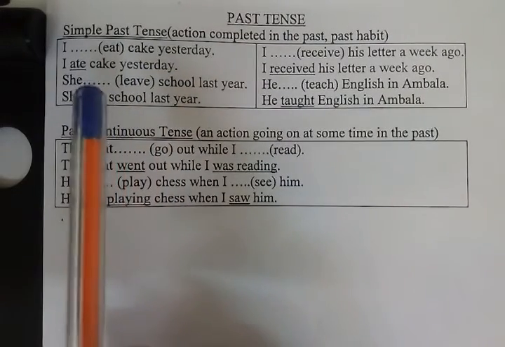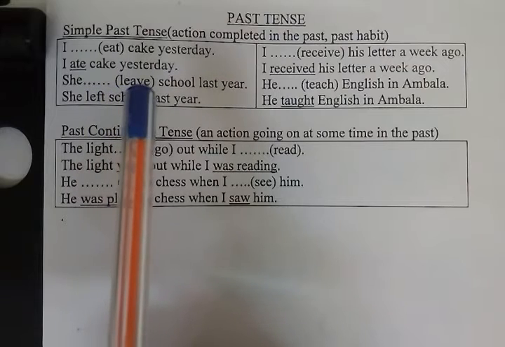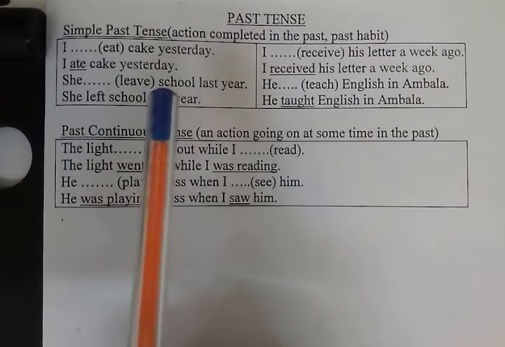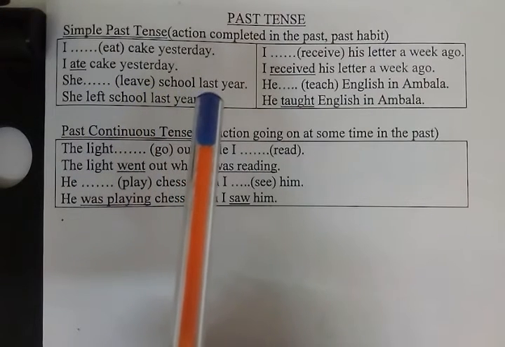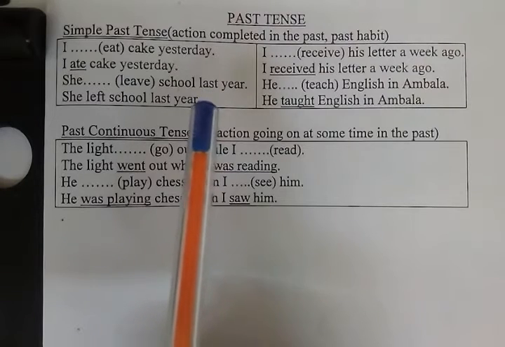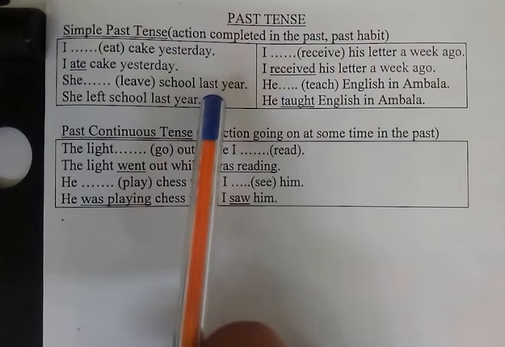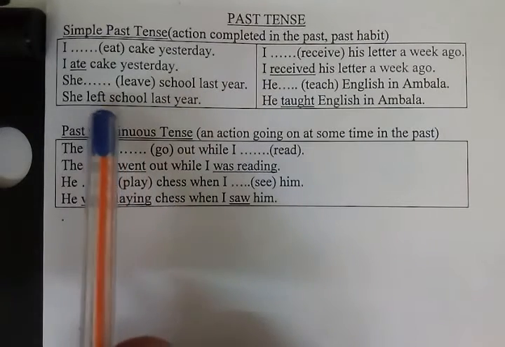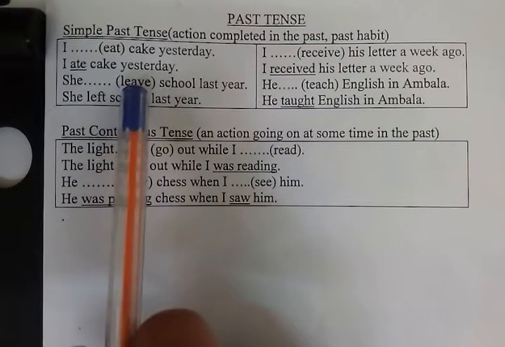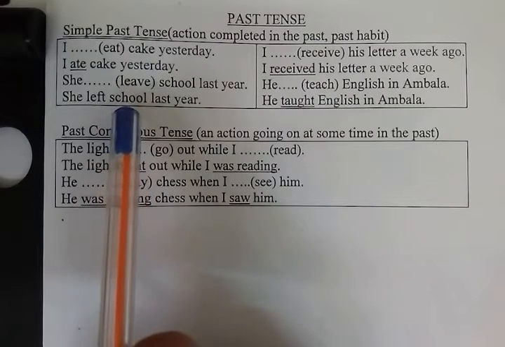Let's look at the second sentence. She dash leave school last year. So it may be year or month also. So, she left. We know that the second form of the verb leave is left.